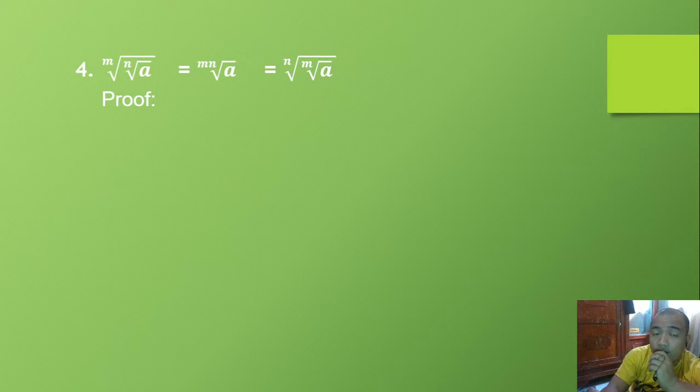Number 4, another law of radicals. The mth root of the nth root of a is equal to the mn root of a, which is equal to the nth root of the mth root of a.